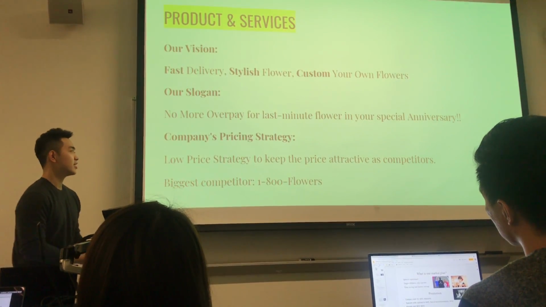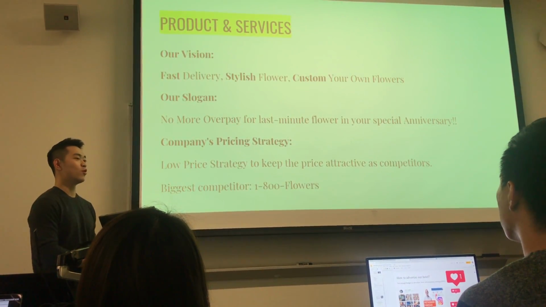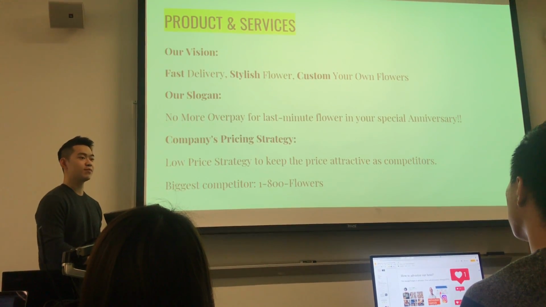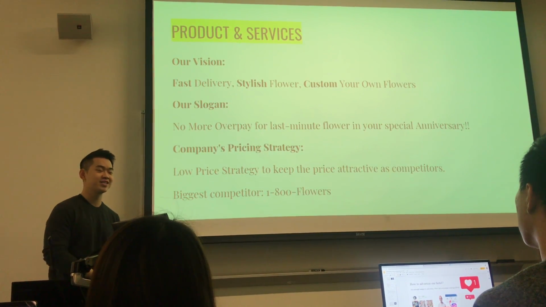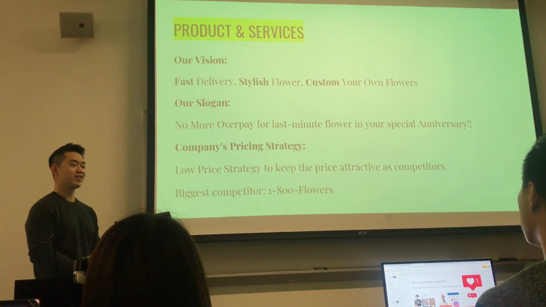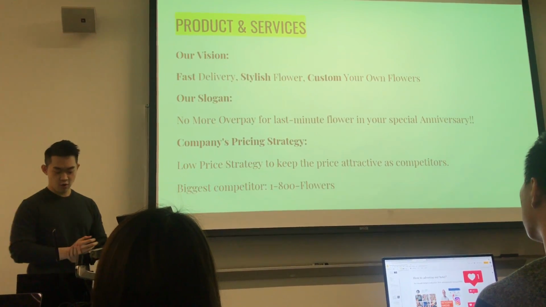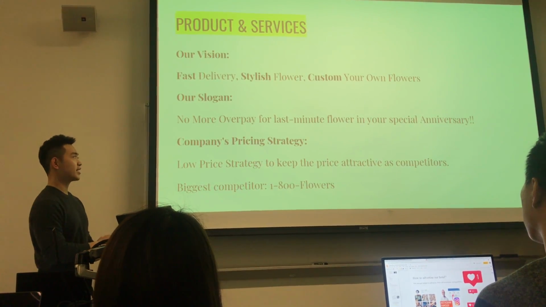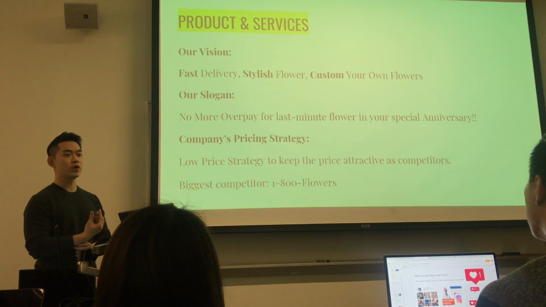There's research saying that more than 80% of women said they really love to get flowers on special occasions. No matter what they say, like it's expensive, it's a waste of money, trust me, they always love it when they get it. So by using our service, you can get your flowers in a really quick way.